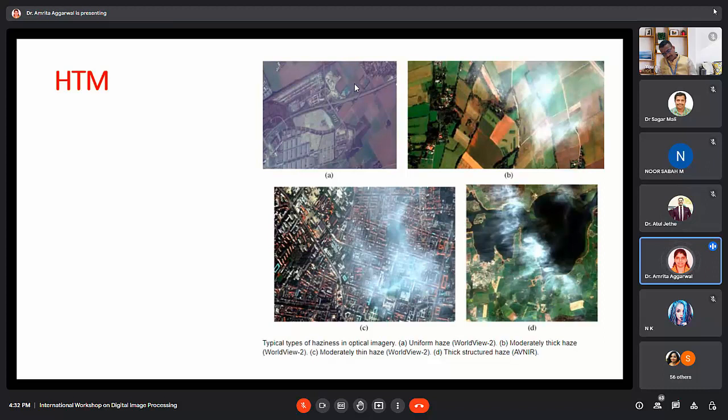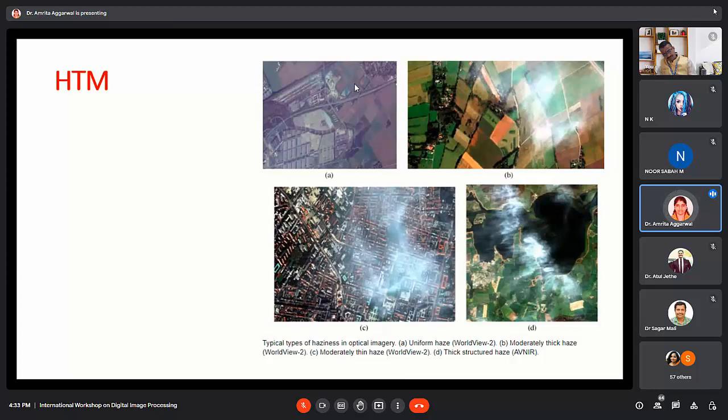Okay. In the second image you see moderately thick haze. Now, in this, only over a patch you will find a very thick haze. That is, it can be seen evidently that there is something like a cloud or a water vapor layer or some chemicals, or it may also look like smoke in the imagery.